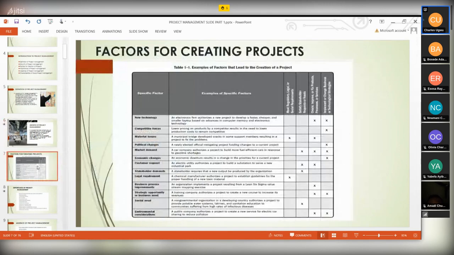Some of the factors for creating projects, we're going to look at briefly. Like I've mentioned a lot already, it is new technologies. Because of high rates of new technologies, like I said, blockchain, artificial intelligence, machine learning.